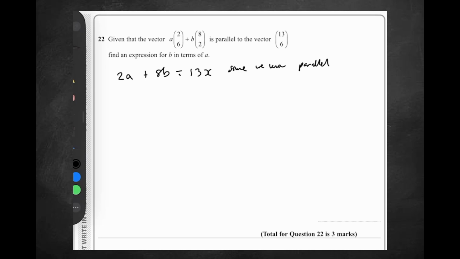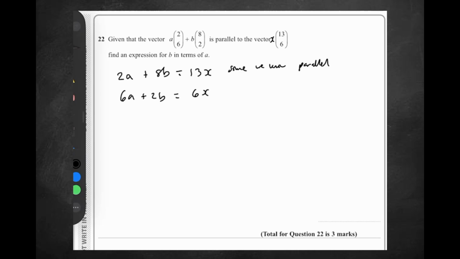So we know that it will be multiplied by a number, but it'll be the same direction. It'll be the same relationship between the x and the y coordinates in the vector. So similarly, we can say 6a plus 2b equals 6x, as it will be multiplied by the same x value. I might even just write x here to make it easier for myself.